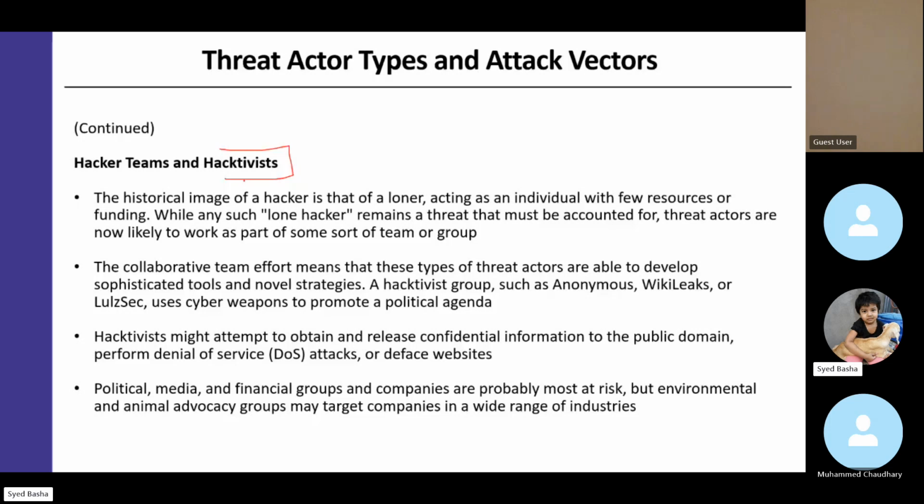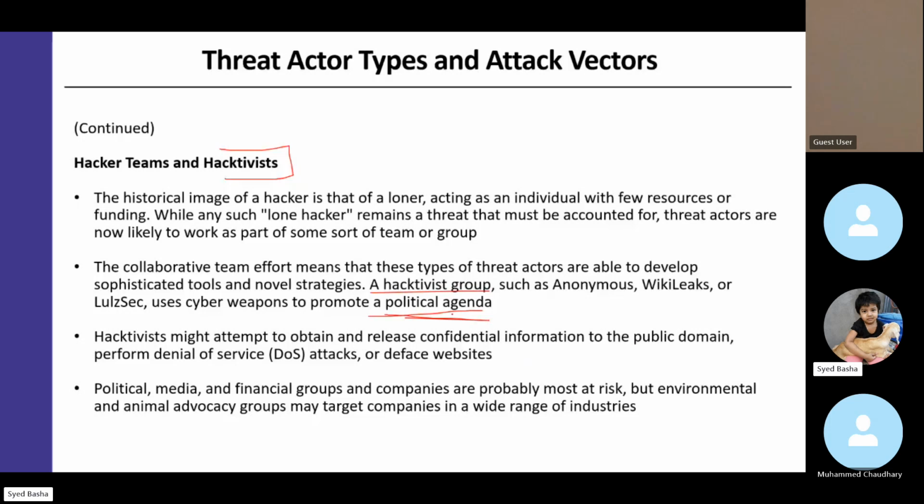Mostly, hacktivists have some political agenda, where they will target some kind of website or website domains. The hacktivist group always has a political agenda, so they don't look for any monetary benefit.